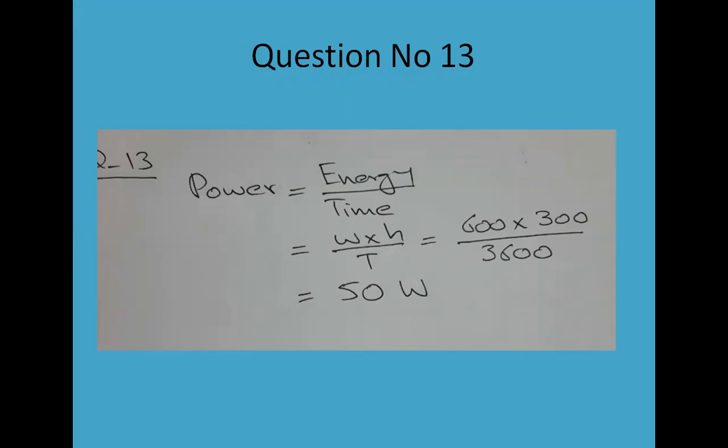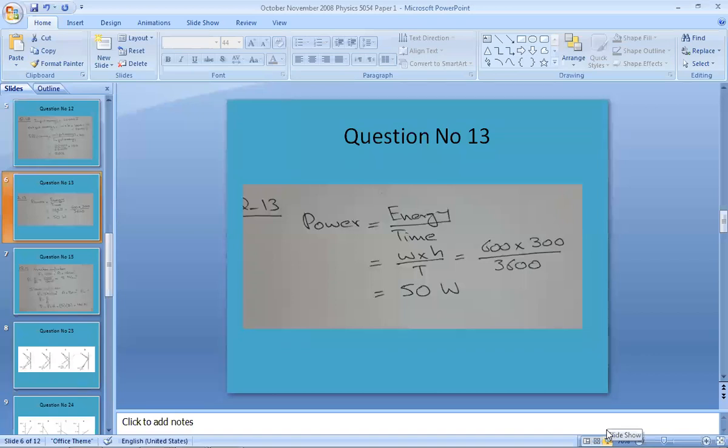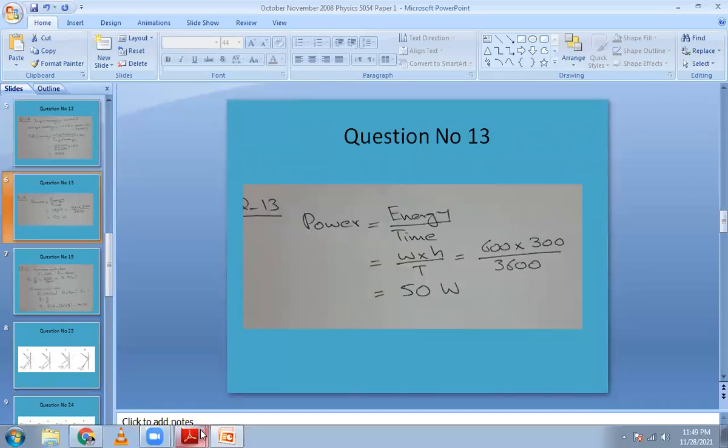In your calculator, you can write 600 multiply 300 divided by 3600 equals, and that will be 50 watts. So the power produced is 50 watts.